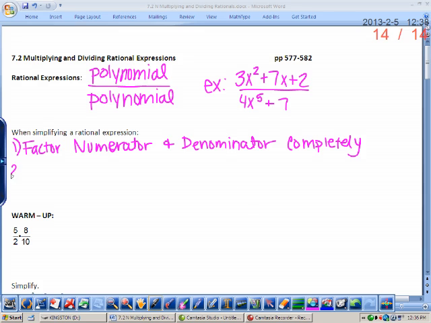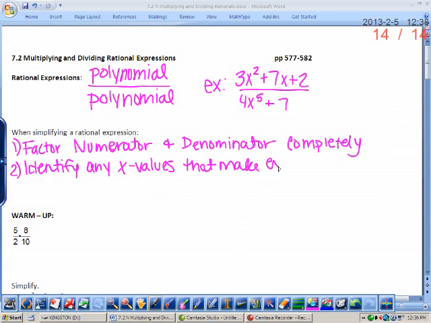Your second step is going to be to identify any x values that make the expression undefined. The big idea here is in a rational expression, you're going to have a variable in the denominator.